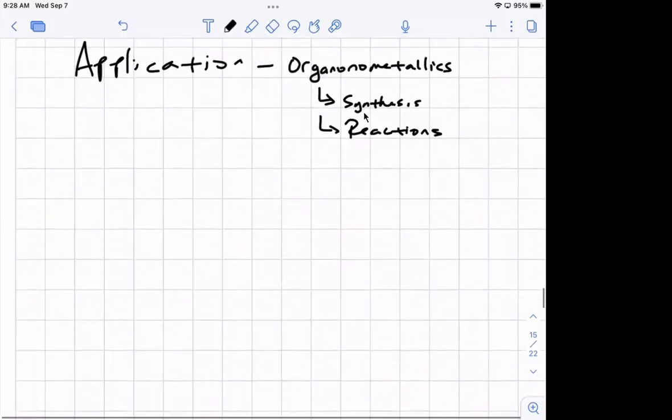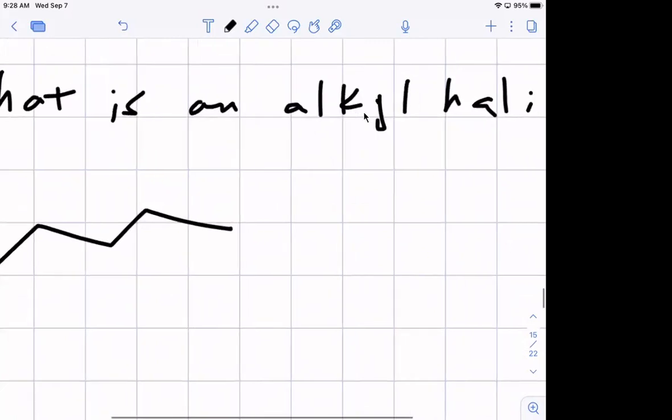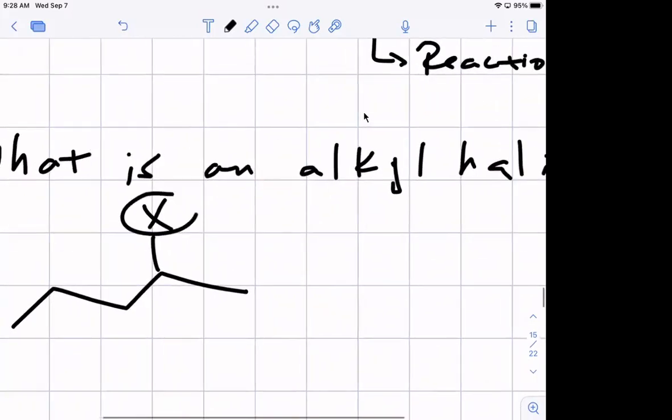So first of all, what is an alkyl halide? All right, you should remember this from organic 1. It's a very simple functional group. You have an alkyl chain, and on that chain, you have a halogen.